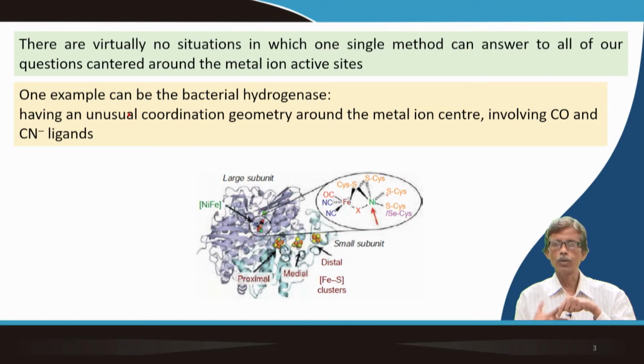Two are already bound to your nickel center, you bring two more, but these two are not only coordinating to your nickel center, they can also bridge the iron center. So, that way basically you are trapping the iron site close to your nickel site. So, these bridging ligands are very important, and identification of these bridging ligands is also very important to bring the iron center close to the nickel.